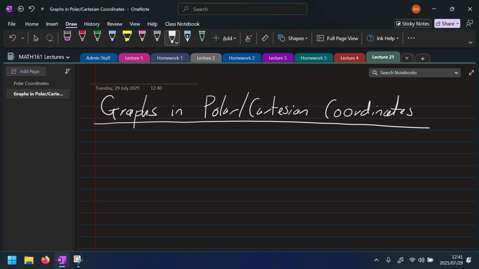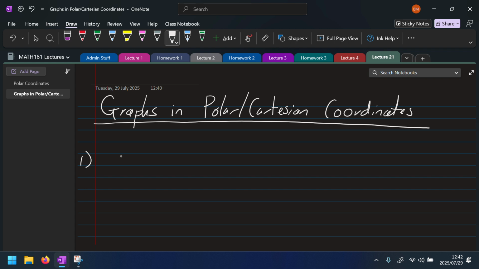Okay, let's have a look at the first example. So for these first two examples, we have the graph in Cartesian coordinates, so that's what's given to us. Now we want to convert everything over into polar. So instead of using the Cartesian axes and all the x and y, we're going to use r and theta.